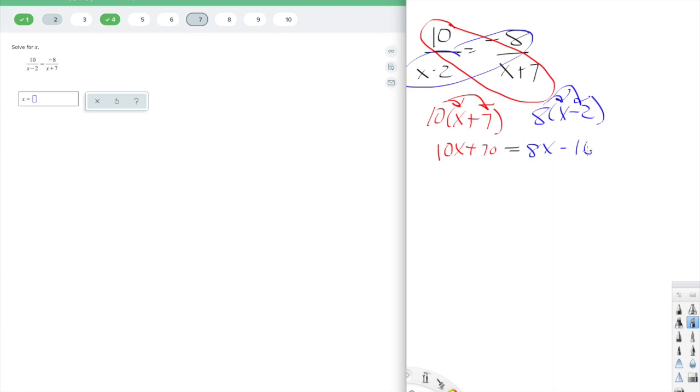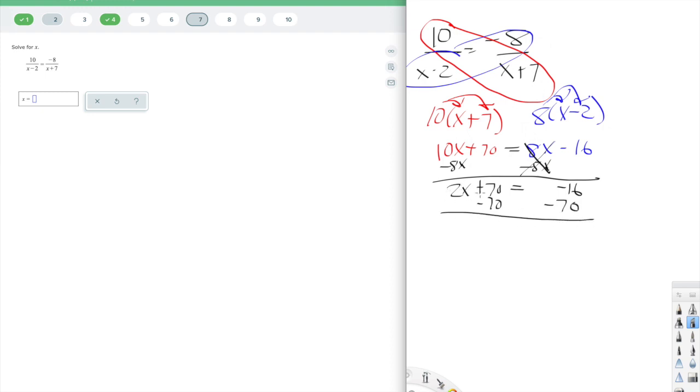So now I can start to solve this. My first task is to bring these variables together. I like to do it in a way that makes them stay positive. So 10x minus 8x stays positive 2x plus 70 equals negative 16. 8x minus 8x cancels out. I'm going to subtract 70 from both sides because now I'm trying to get x by itself.